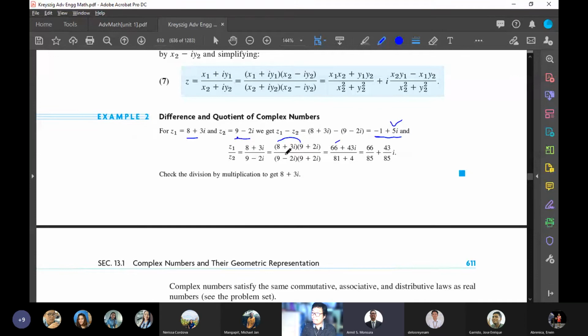Then the imaginary part is 16 plus 27, that is 43i. In the denominator, 9 times 9 is 81, and negative 2 times negative 2 times negative 1 is positive 4, and the imaginary part in the denominator becomes 0. So you have 81 plus 4, which is 85. So you now have 66 over 85 plus 43 over 85 i.